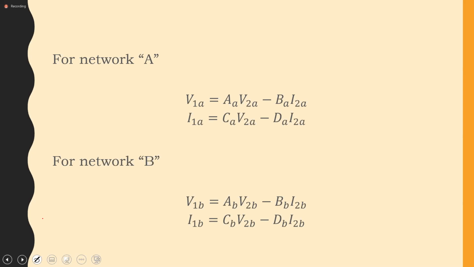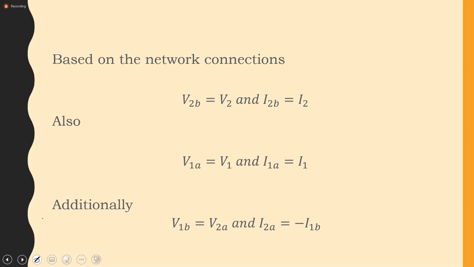So based on the network connections, we had already said this, but just to note them. On the output side, V2B equals V2, I2B equals I2. On the input side, we have I1B equal to I1A, and V1A equal to V1.